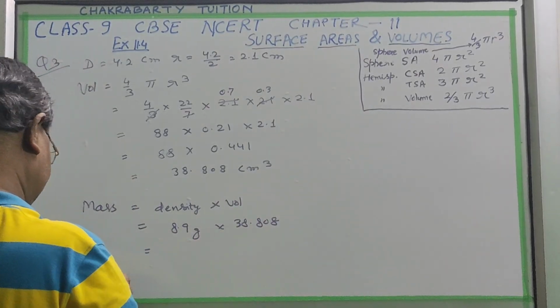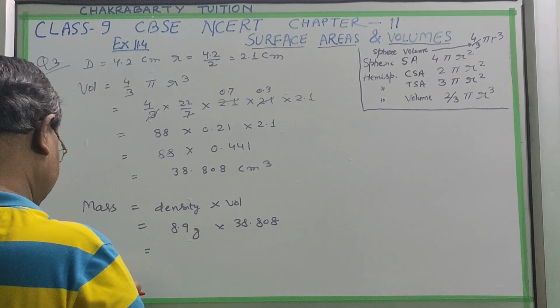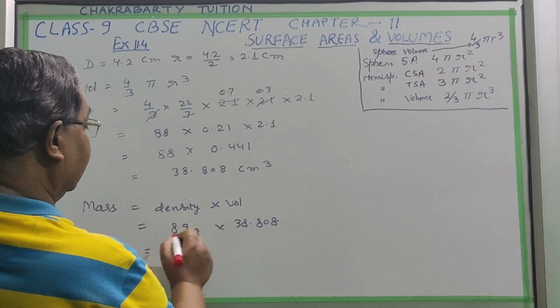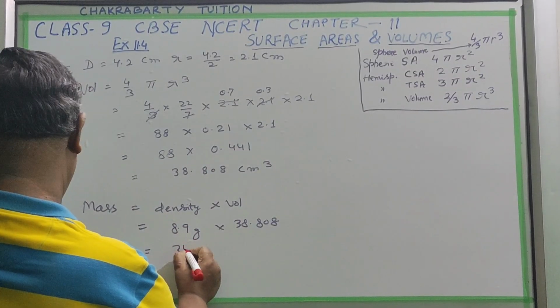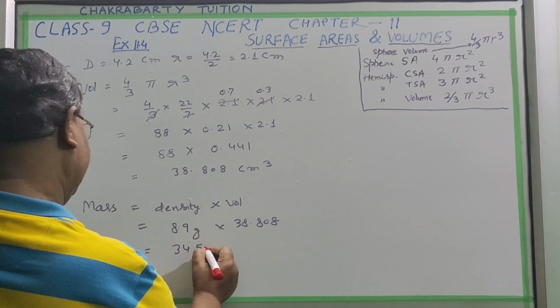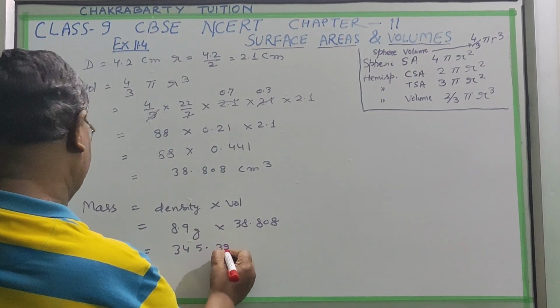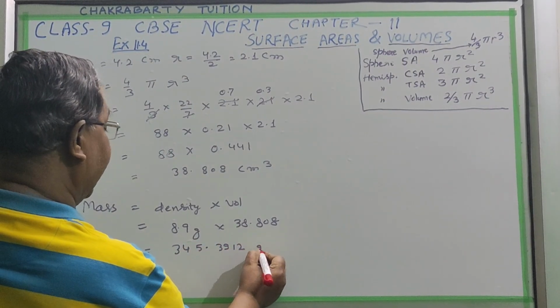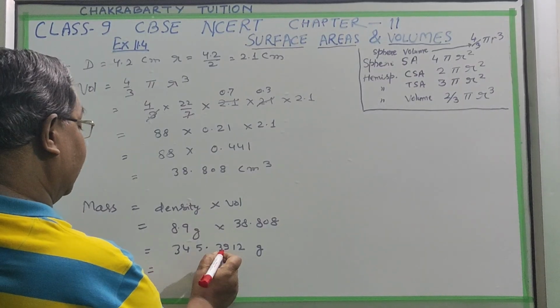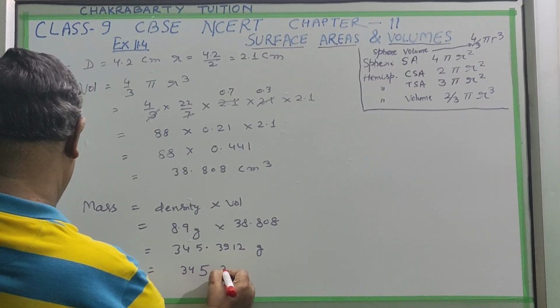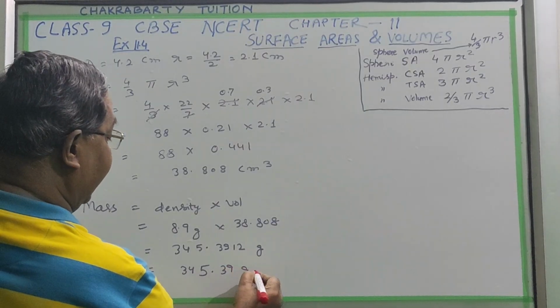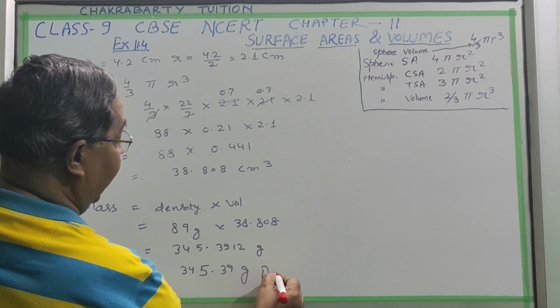If you multiply by the calculator it will come to 345.3912 gram. Up to 2 digits we will take 345.39 gram. Okay, this will be your answer.